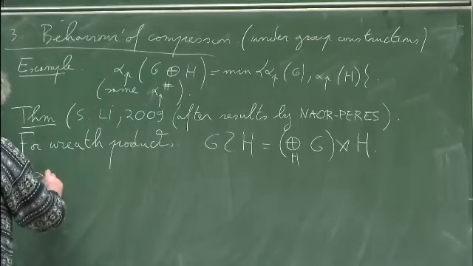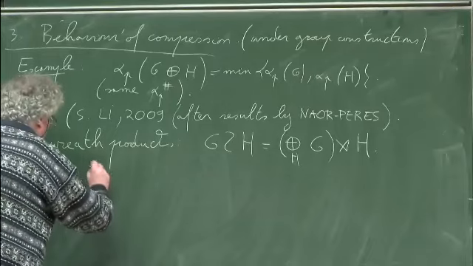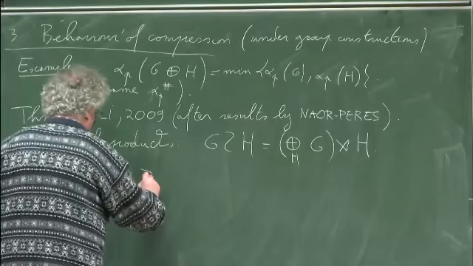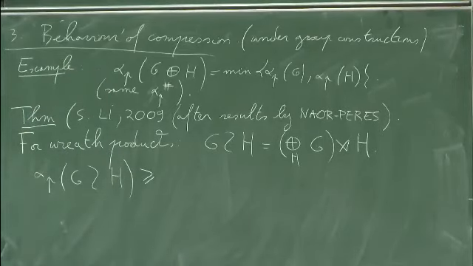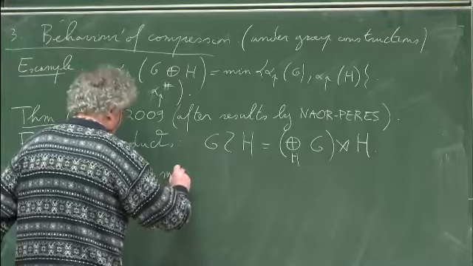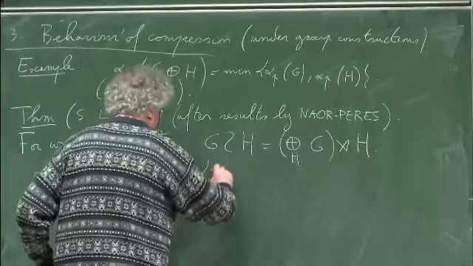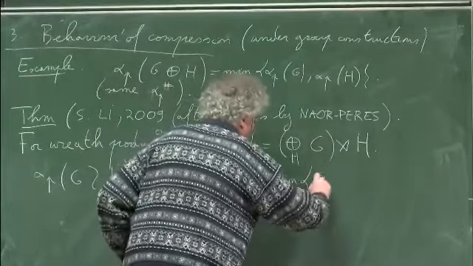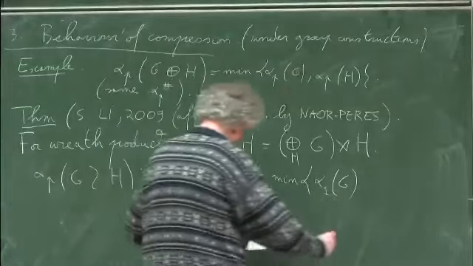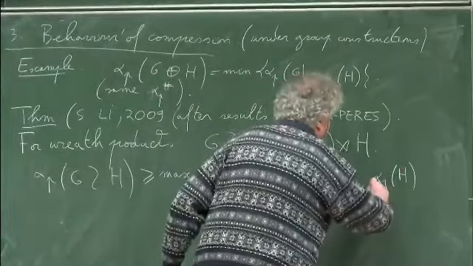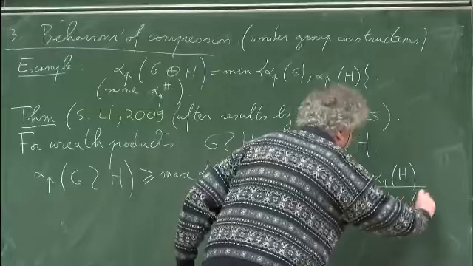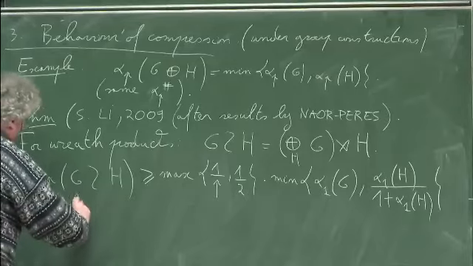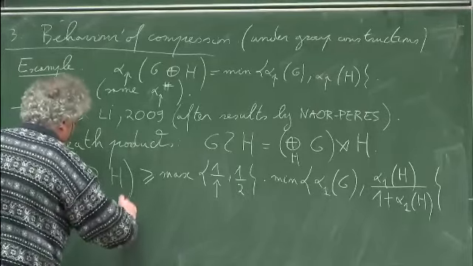And what Lee proved is that there is an interesting lower bound for the LP compression of the Riesz product, which is that this is larger than the maximum between 1/p and 1/2 times the minimum between the L1 compression of G and the L1 compression of H, divided by 1 plus alpha 1 of H. And similarly for equivariant compression.